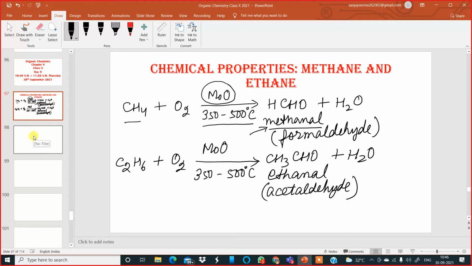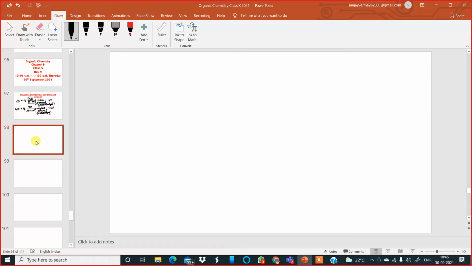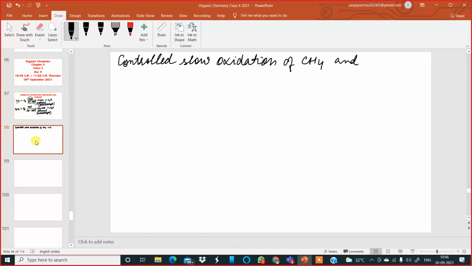Now we move to the next type of oxidation, which is called controlled and slow oxidation of methane and ethane.